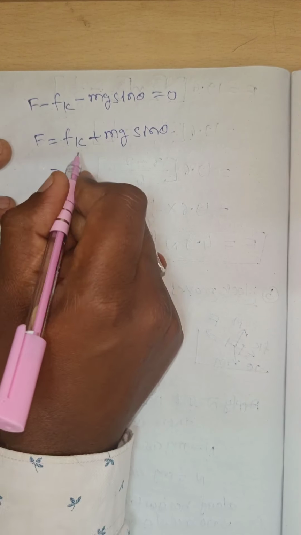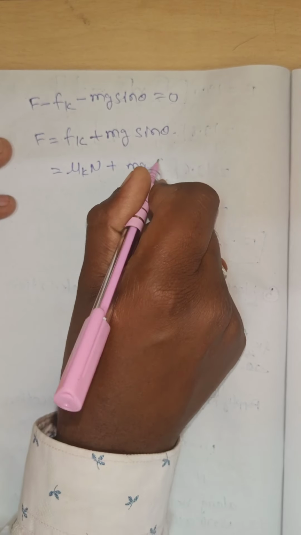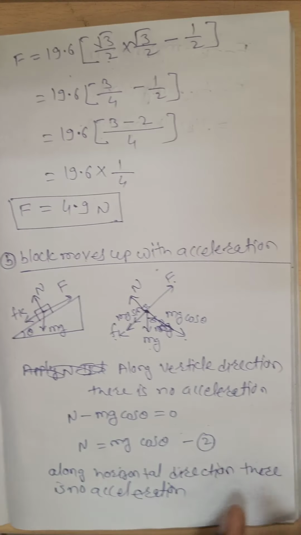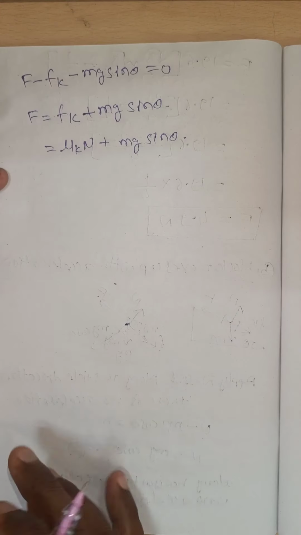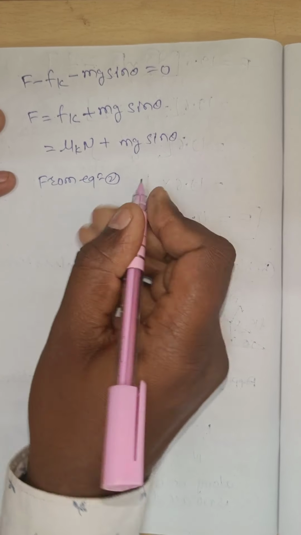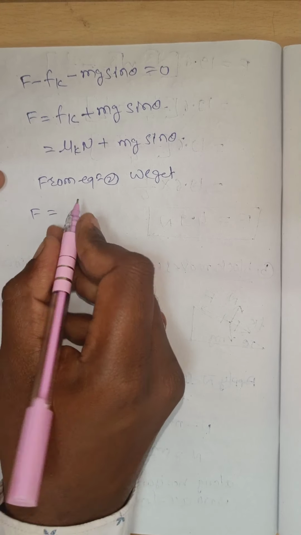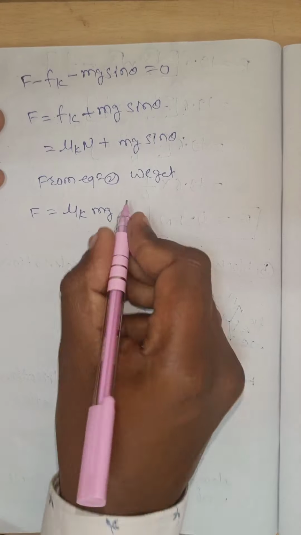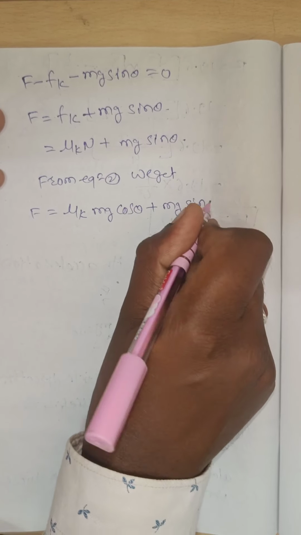Now we know that fk is mu k into N. Then from equation 2, N is equal to mg cos theta. So F is equal to mu k mg cos theta plus mg sin theta.